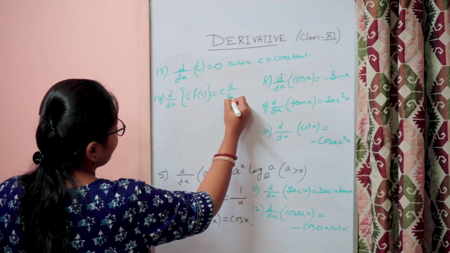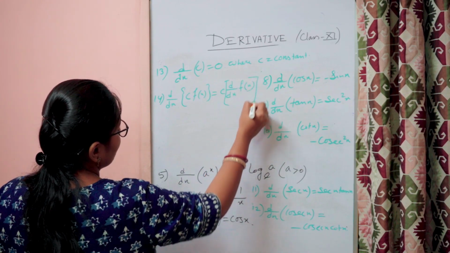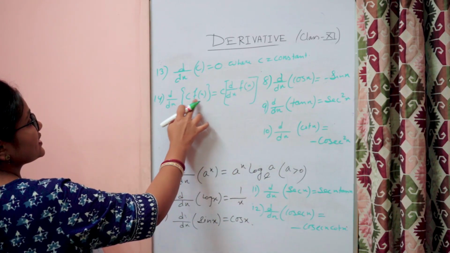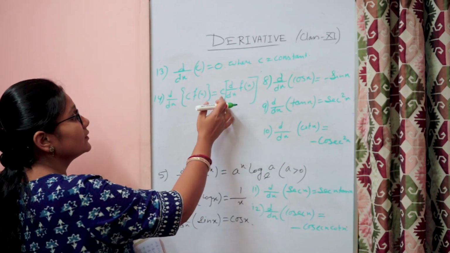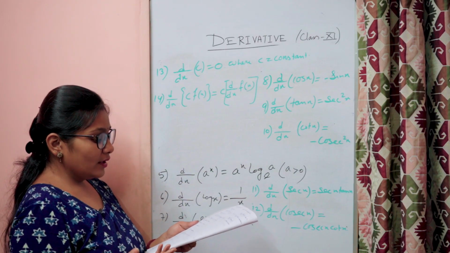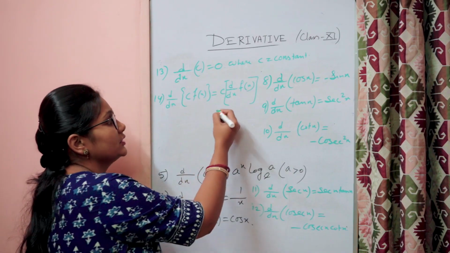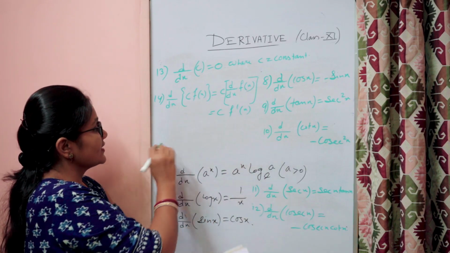You have to take the derivative of f(x), the given function. When a constant into a function is there, the constant will come out and the derivative will be taken on the function. So it will be c f'(x).